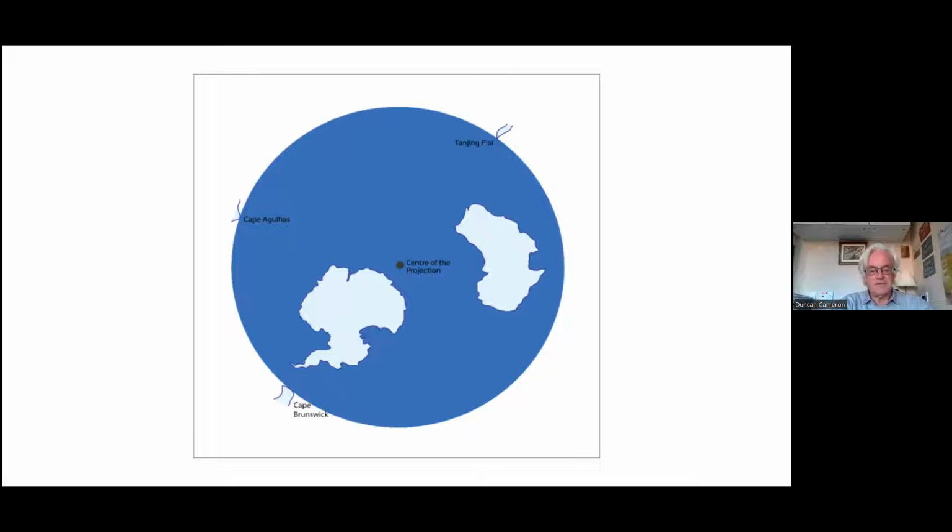This is actually the center of the world ocean, and what I'm calling here is the center of the projection. It is rather satisfying to see that it's somewhere between Antarctica and Australia, so two island continents. And this is the center of the map. This is where the map projection actually starts from.